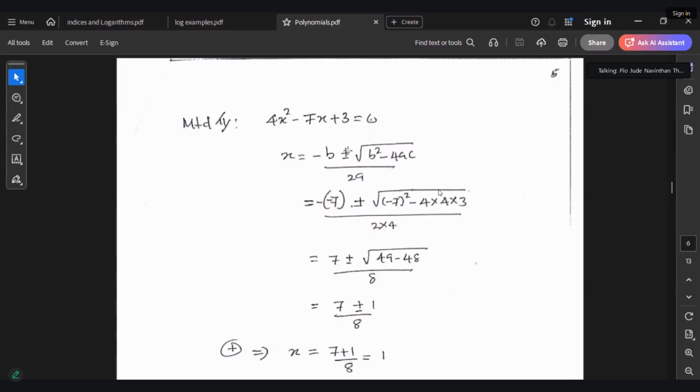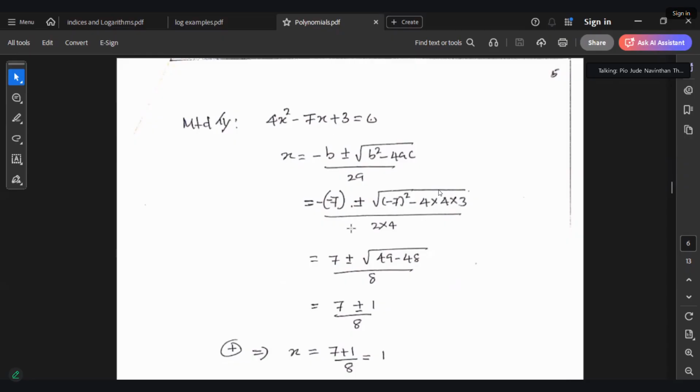This is the formula: x is equal to minus b plus or minus root of b square minus 4ac over 2a. This minus, don't miss this minus, otherwise you will get a different value. This minus is from our equation.